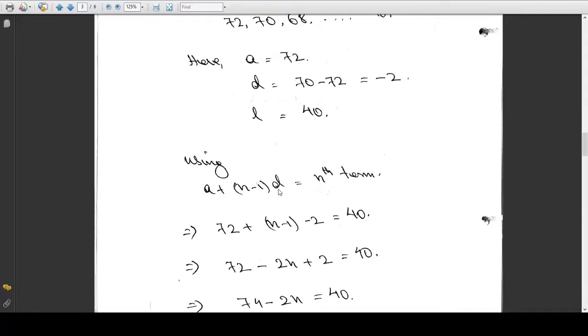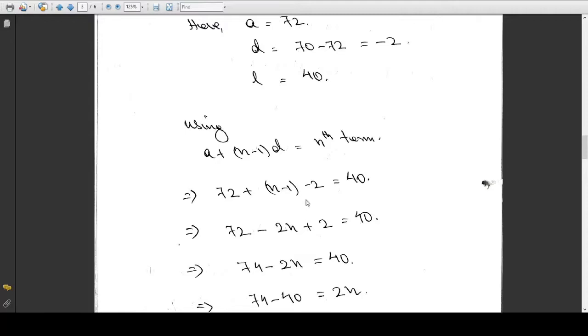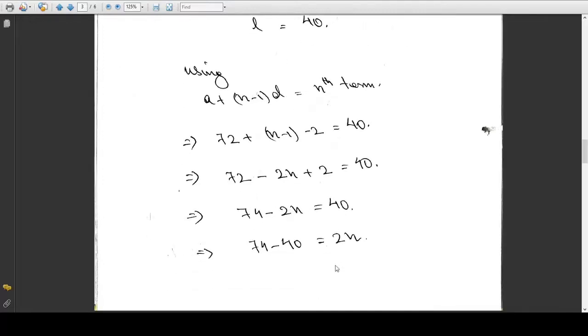Now to find the value of n, we'll use the formula a plus (n minus 1)d equals the nth term. A is 22, n we do not know, d is minus 2, the nth term is the last term, which is 40. Here minus with plus is minus 2n, minus with minus is plus 2, equal to 40. 22 plus 2, 24, minus 2n equals 40.